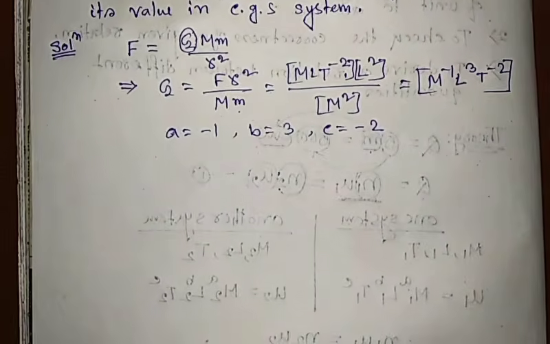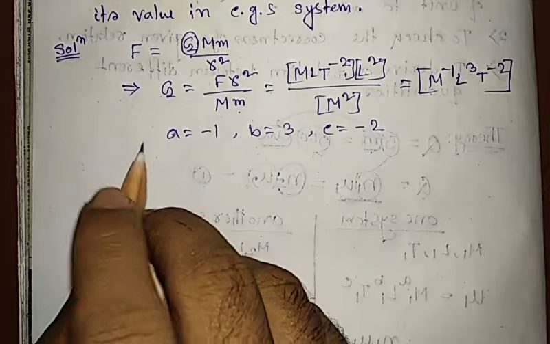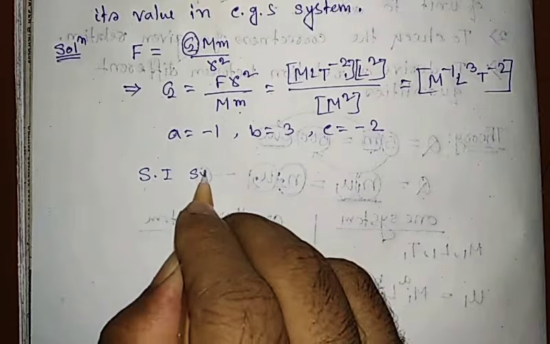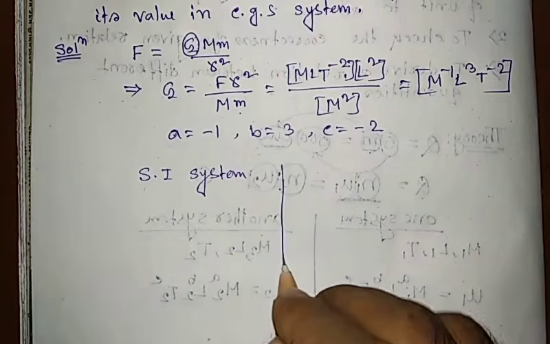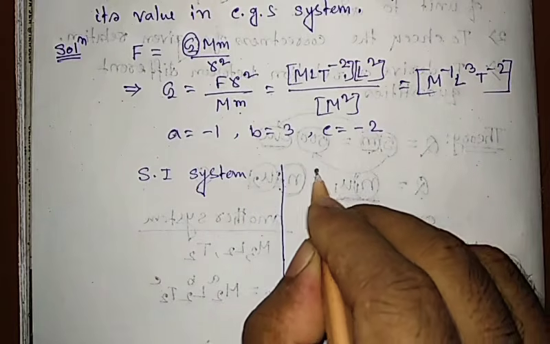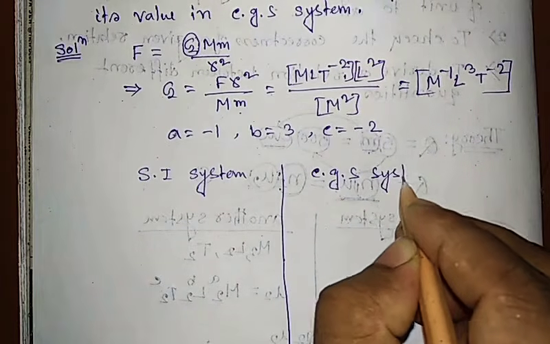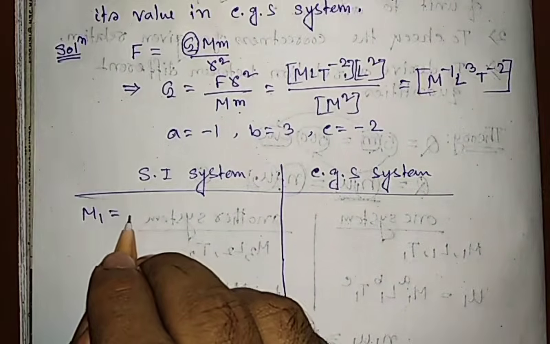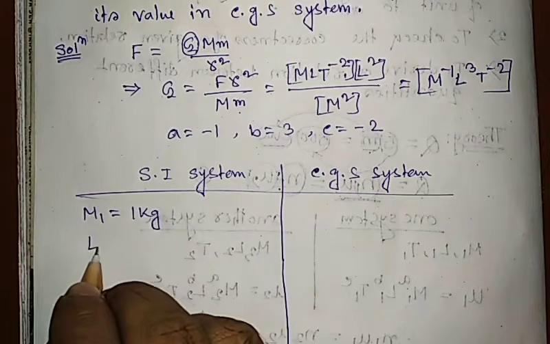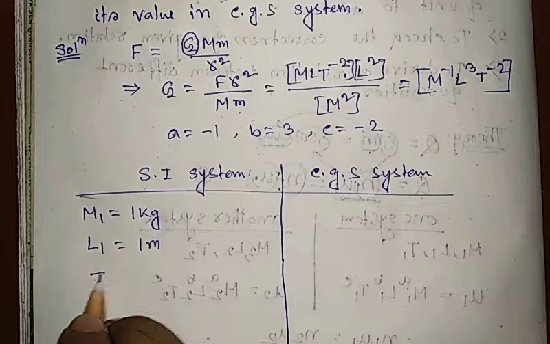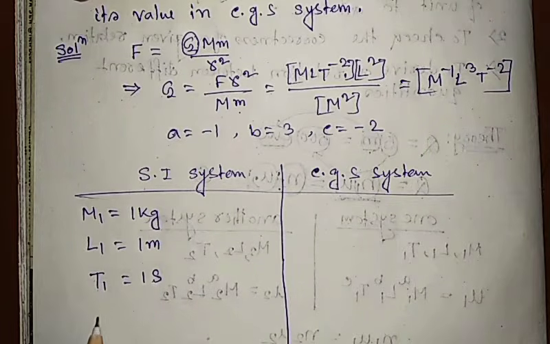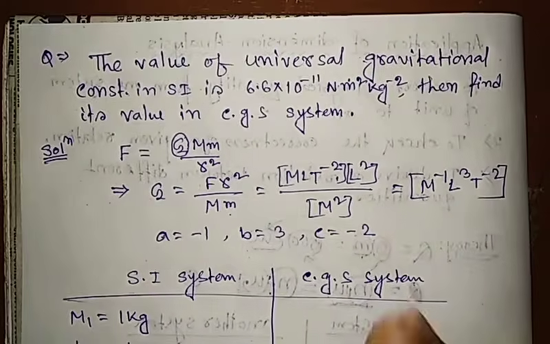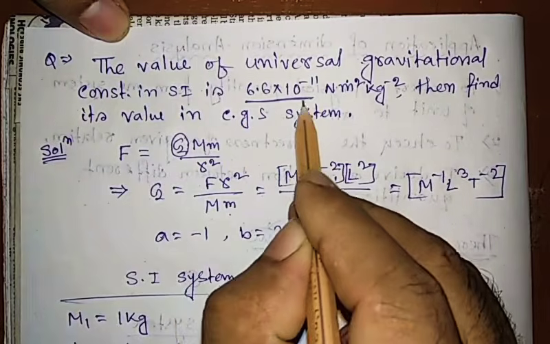Okay. So now the next step is we convert it into the C.G.S. system. So first we write the SI system. Then here we have to write the C.G.S. system. Now M1 is equal to 1 kg, L1 is 1 meter and T1 is 1 second, and N1 is the value of the universal gravitational constant in the SI system.